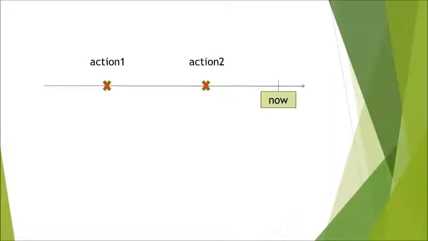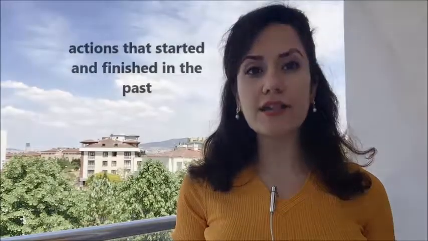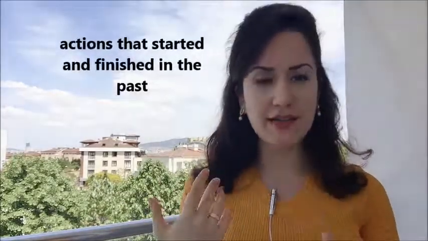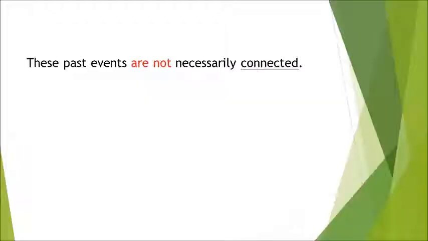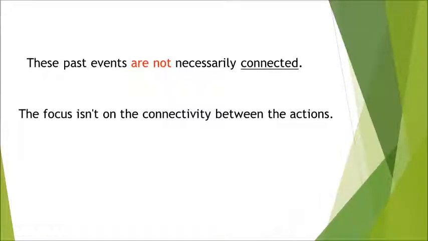For the earlier action, for the first action, we use past perfect tense. And if you want to talk about past actions that started and finished in the past, use simple past. Pay attention that these past events are not necessarily connected. The focus isn't on the connectivity between the actions.